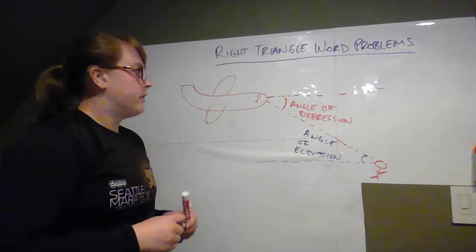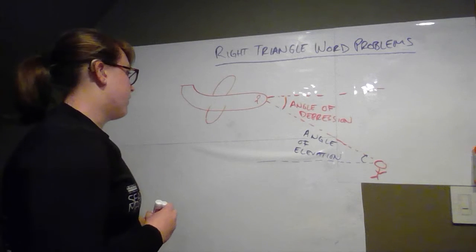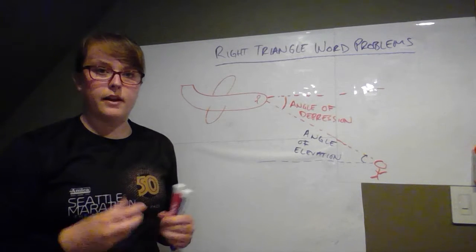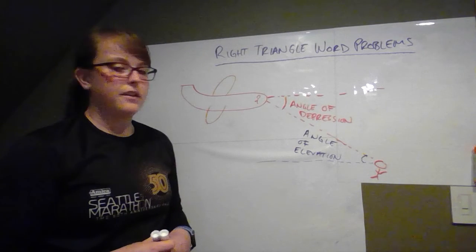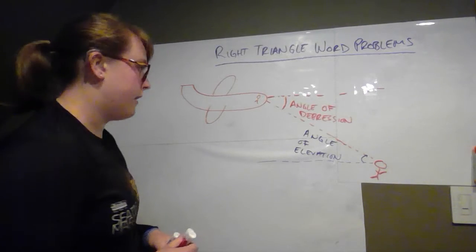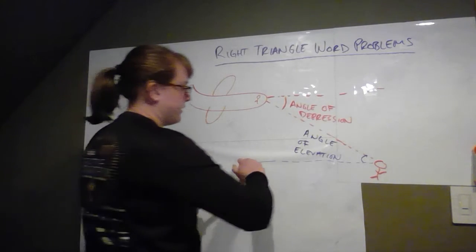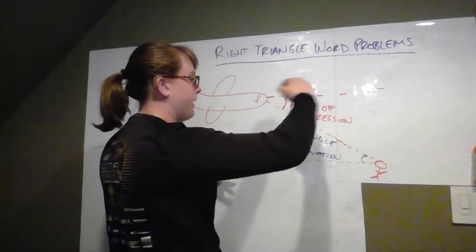Okay. So an easy trick, though, for all of these kinds of problems, you're going to end up drawing right triangles a lot, right? Whatever it says, angle of depression, angle of elevation, put it in the bottom corner. The reason being that his horizon line and the plane's horizon line up here, they're parallel.